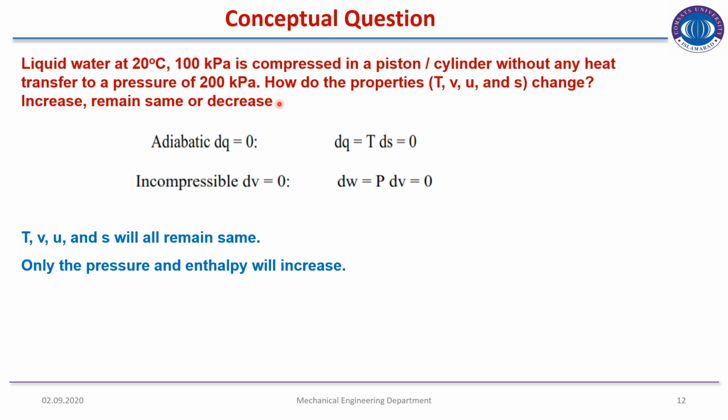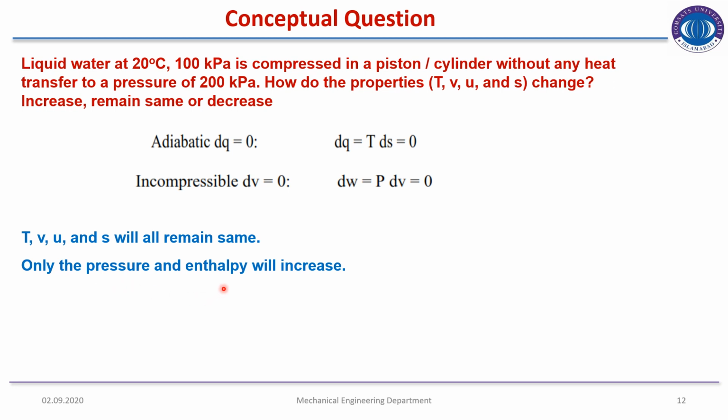So here the temperature, specific volume, internal energy, and S will all remain the same. For an incompressible substance, the temperature, specific volume, internal energy, and S will remain the same.